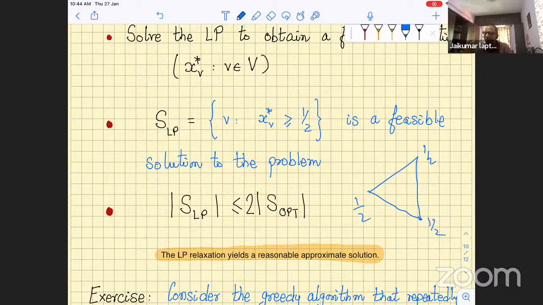So in general, you cannot improve on the approximation factor here by choosing a different threshold. There are examples at least where this is the best we can do.